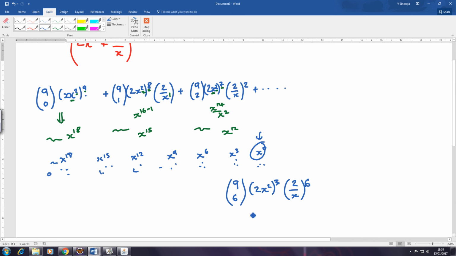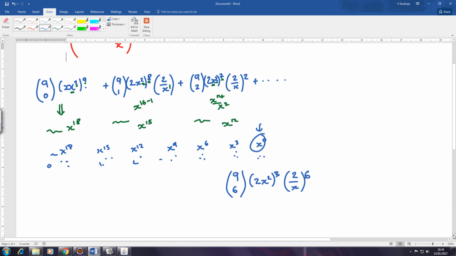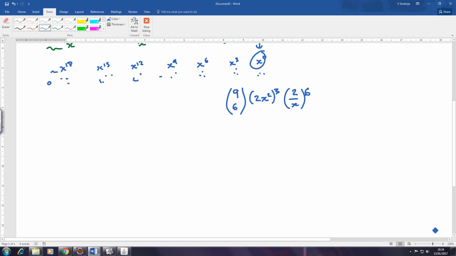Okay, so literally all I have to do is work this out. Okay, so what is this? Okay, well 9 choose 6. Let's work that out on the calculator. 9 choose 6. Let's see, how do I do that? I'm going to have to use the factorial formula, 9 factorial over 6 factorial.